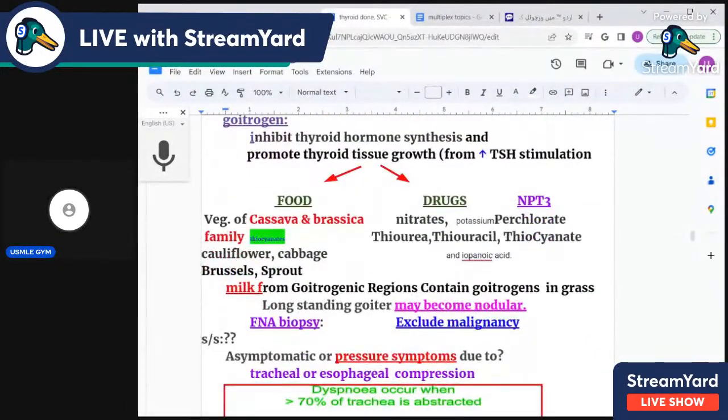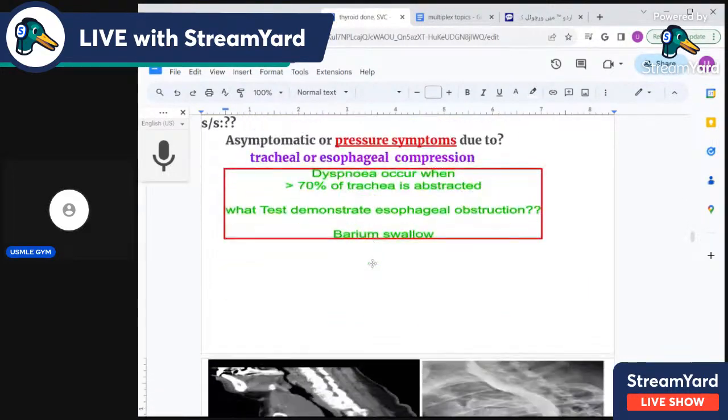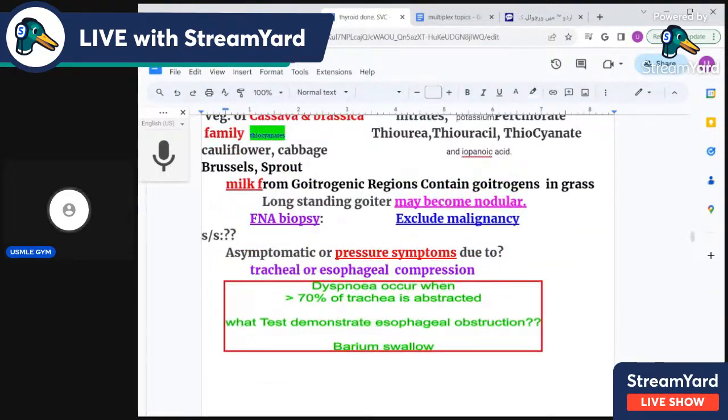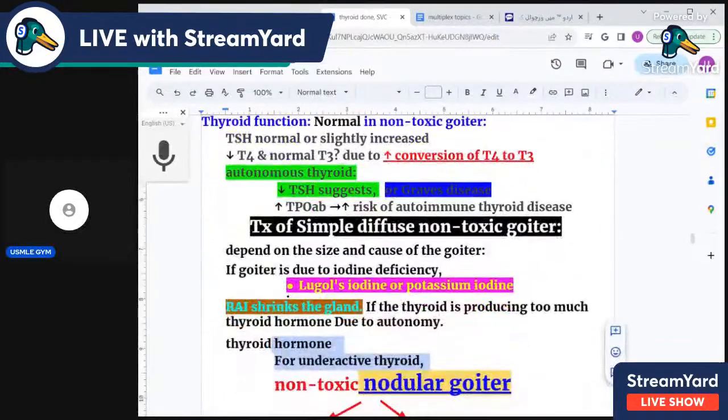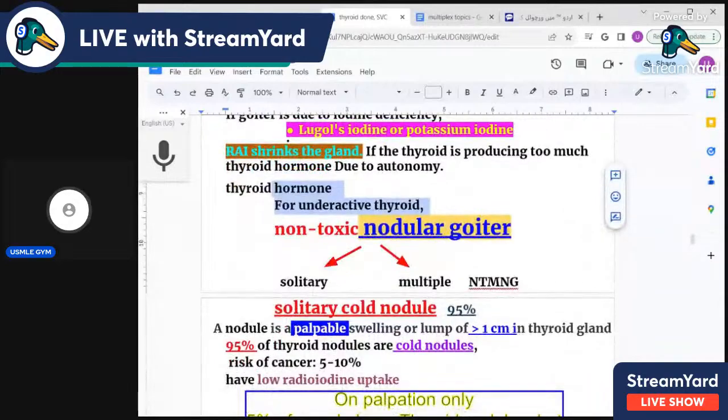Goitrogens are food or drugs: vegetables of the cassava and brassica family, and the drugs are nitrates, perchlorate, thiourea, thiouracil, and thiocyanate. And the pressure symptoms are dyspnea, dysphagia, and dysphonia. And then we did the treatment part, and now we go to the non-toxic nodular goiter. So this was non-toxic diffuse goiter.